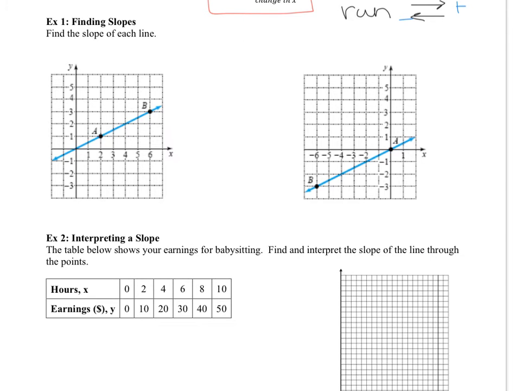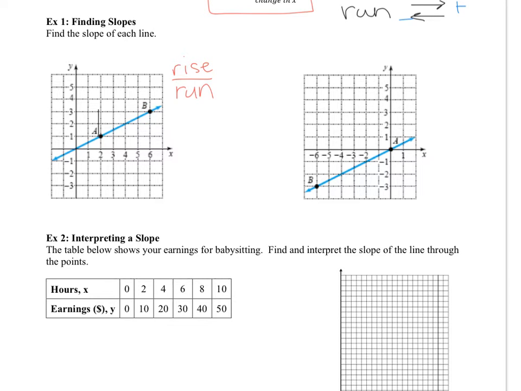In example 1, we are going to go ahead and find the slope of the line, and here we're given 2 points on a graph. Now remember, it is rise over run. We're going to take our elevator up to the floor, and then we're going to choose which door we go through. So starting at point A, I'm going to figure out how much I have to rise up to get to point B and how much I have to run over.